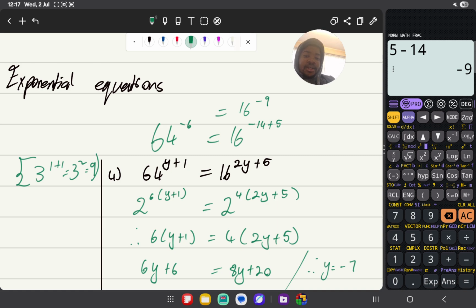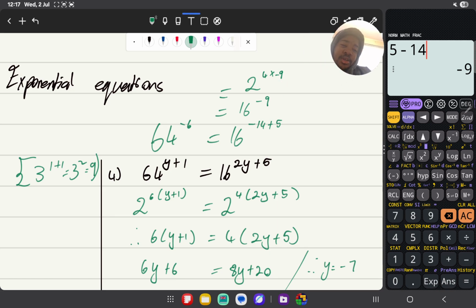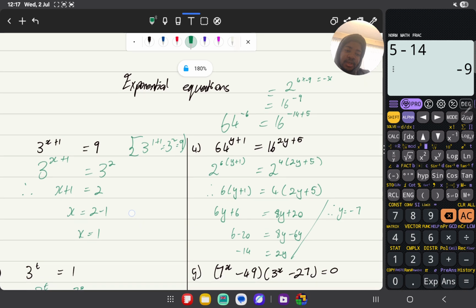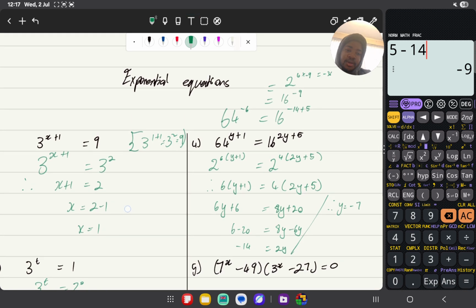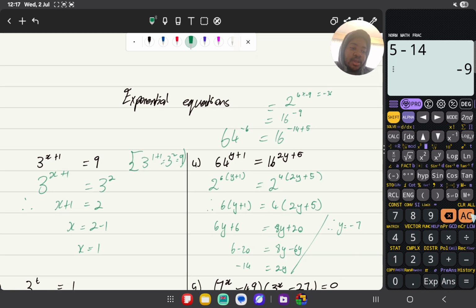And then 16 is the same as 2 to the power of 4, then times minus 9. Let me do it properly and stop doing all these messes now.